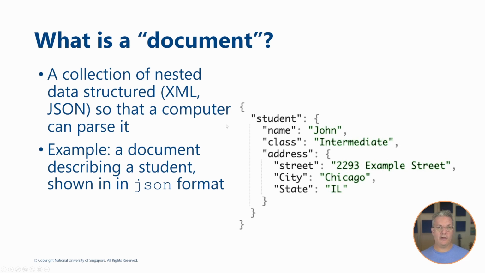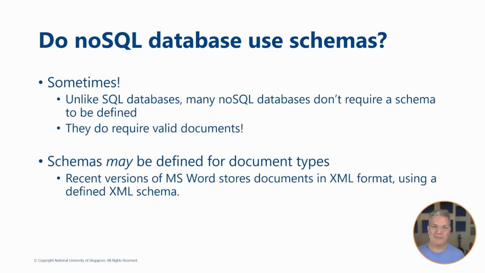And because anything that fits into this format can be deposited in such a database, there's enormous flexibility. You don't have to define a schema ahead of time, but sometimes you do. Strictly speaking, NoSQL databases don't have to use schemas. The actual engines don't usually require a schema for data to be just dropped into the database, so long as the documents are valid.